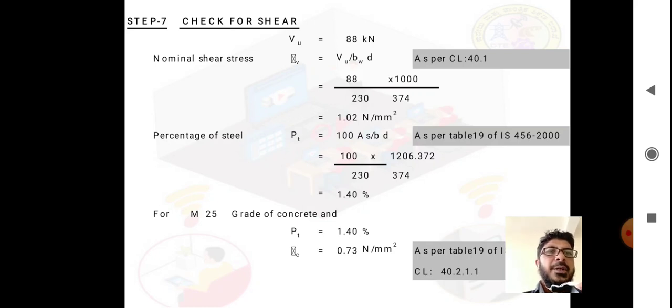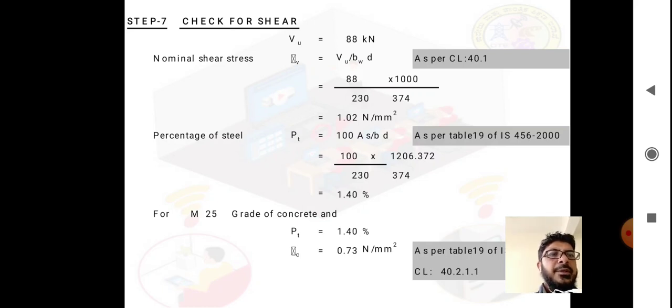As we have calculated earlier also, percentage of steel is 1.4%. From table 19 of IS 456, for M25 grade of concrete and 1.4% of steel, tau C value comes as 0.73 Newton per mm square.